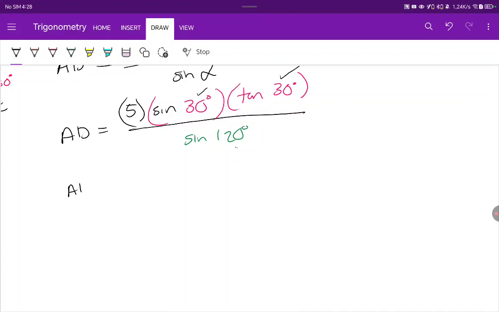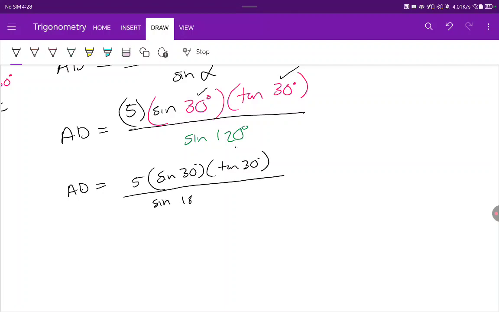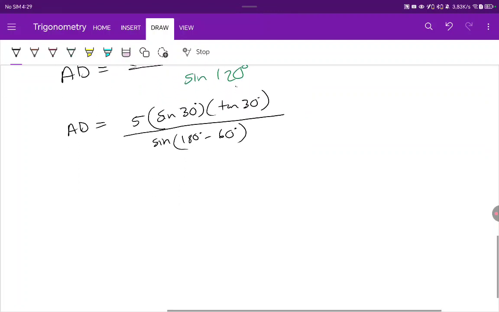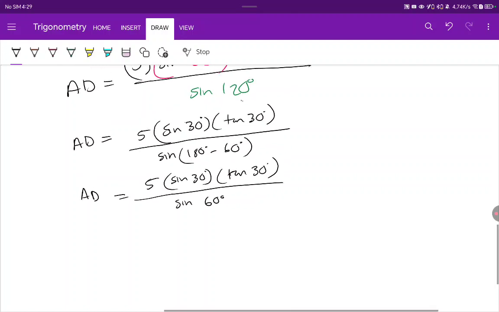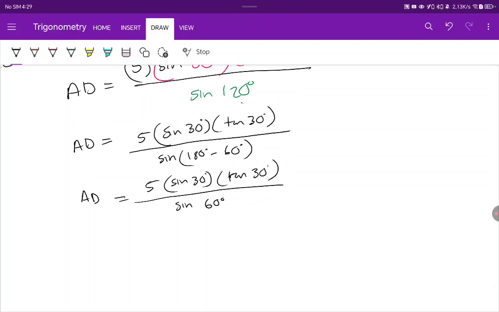So AD is equal to 5 sine 30 tan 30 divided by sine 180 minus 60 equals 120. That means that we have 5 sine 30 tan 30 divided by sine of 60 degrees, because 180 minus is quadrant 2.